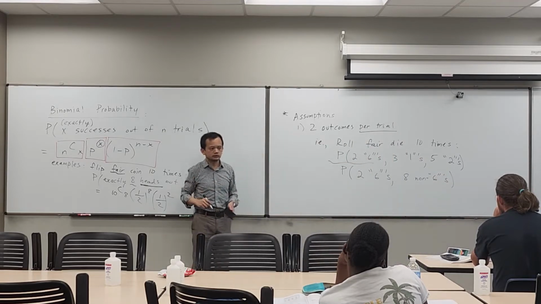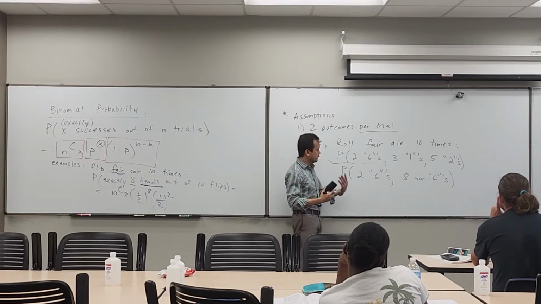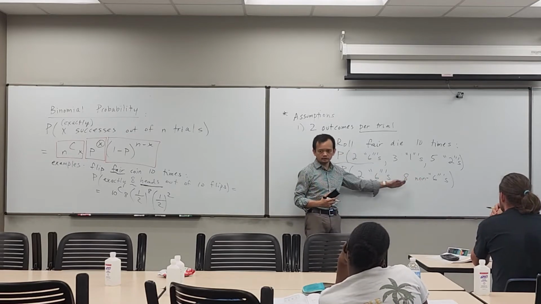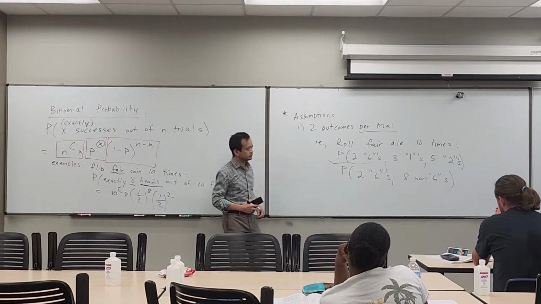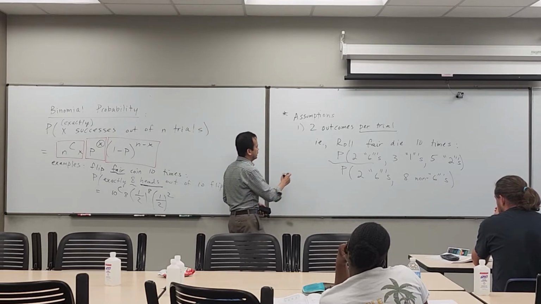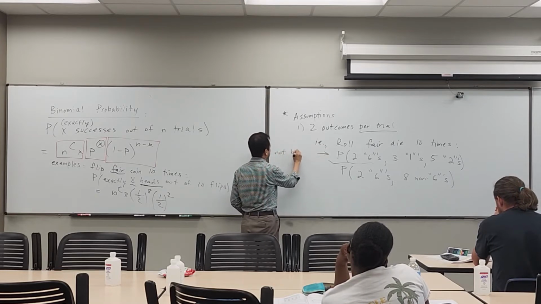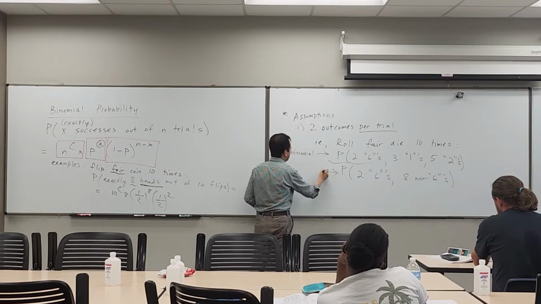Could we use that formula? Yes, very good. Because each time you roll it, you're only keeping track of whether it's a 6 or whether it's not a 6, a success or non-success. So in this case, there's 2 outcomes per trial. So the first one would be not binomial. We cannot use that binomial probability formula. And this one would be binomial.